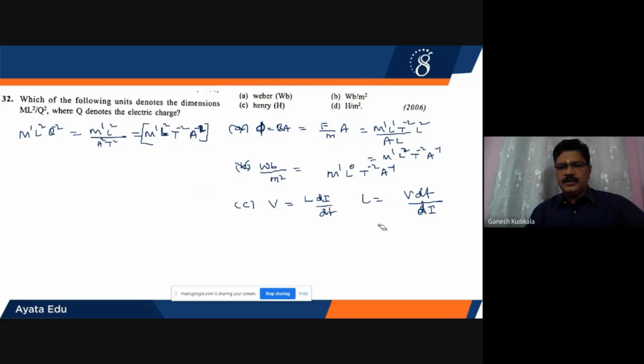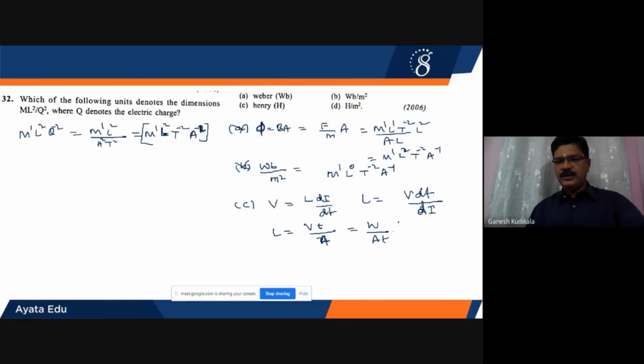V, the potential difference, will be equal to L into di by dt from Faraday's laws. So let us write simply L is equal to V into time divided by current. Current is A. V is equal to W by Q. Q is current into time.